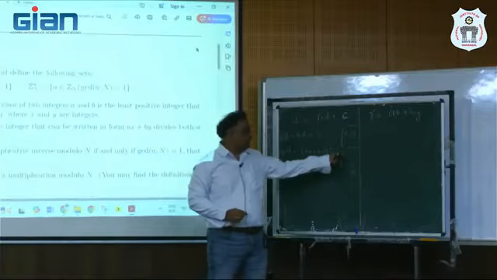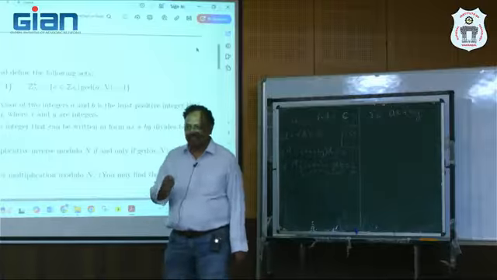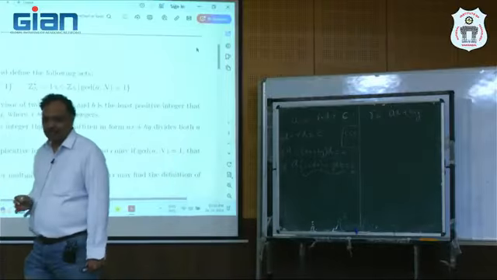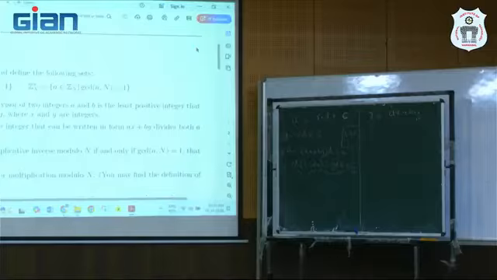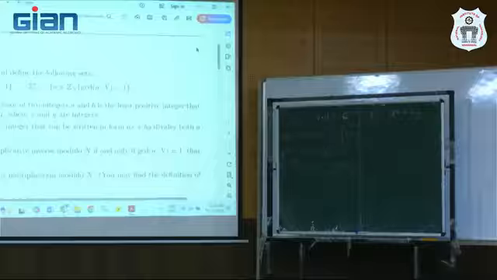But then it is smaller than R. Contradiction. Agreed? You have written another number in the same form, ax plus by, correct? But it is strictly smaller than R, because remainder is always strictly smaller than R. That is a contradiction, correct? So C must be 0.